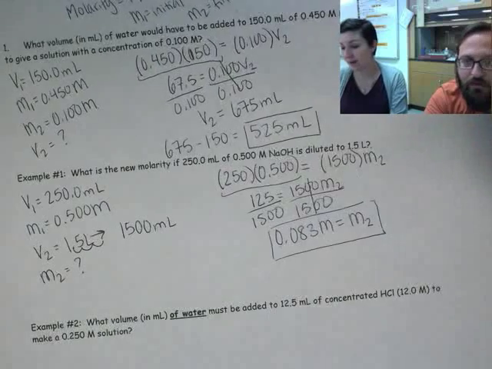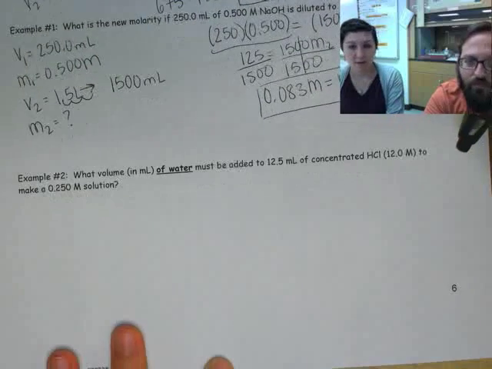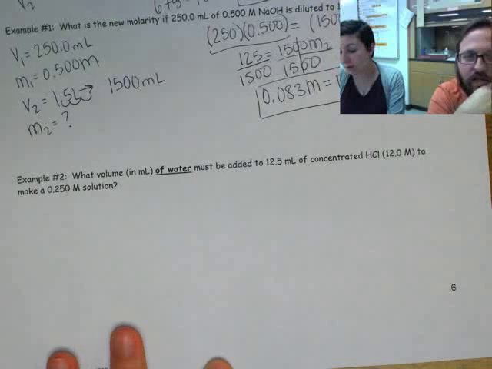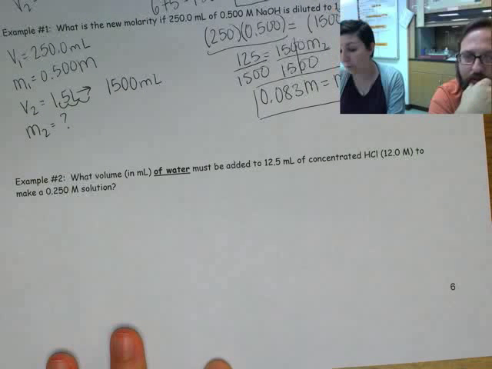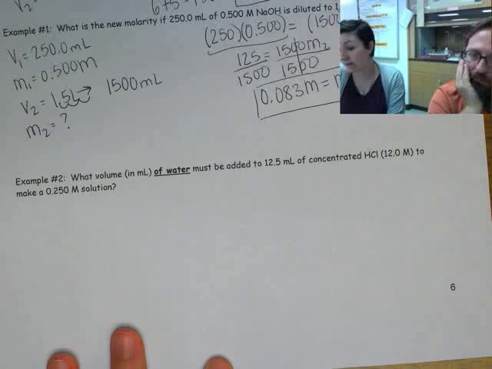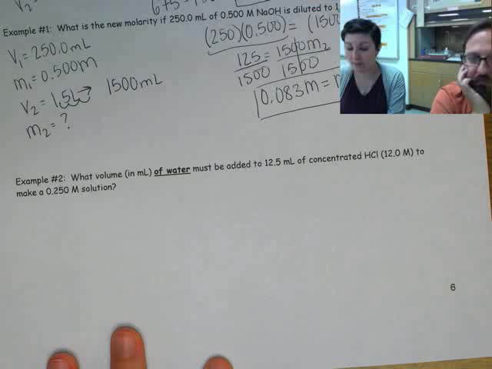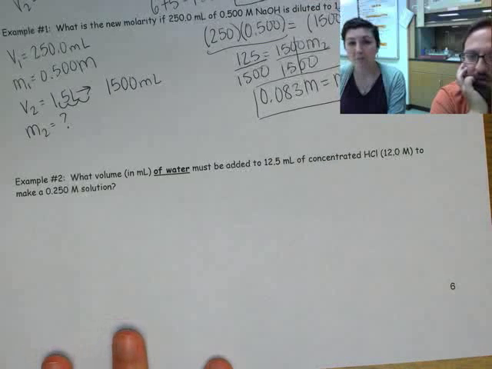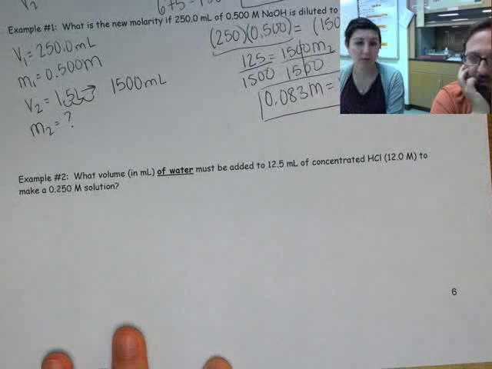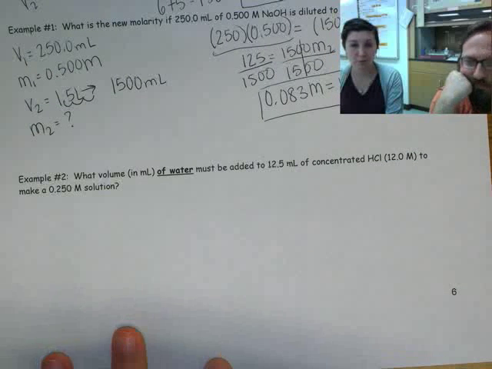Okay, let's look at the very last one. It says, what volume in milliliters of water must be added to 12.5 milliliters of concentrated HCl, which is 12 molar, to make a 0.25 molar solution? Again, we find the V2, but that's not quite the answer yet.